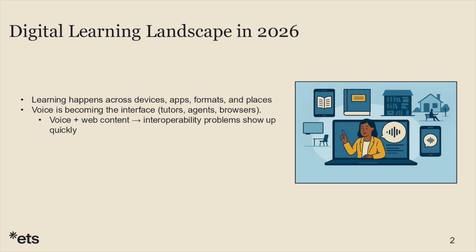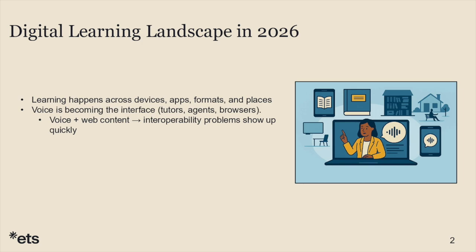Even small children now are frequently using Siri and Alexa to ask lots of questions on their own. All of this can quickly bring up interoperability problems as we have many different devices and content sources.